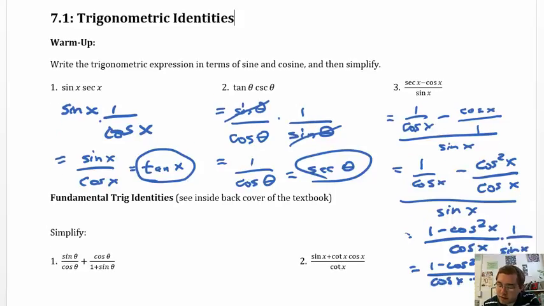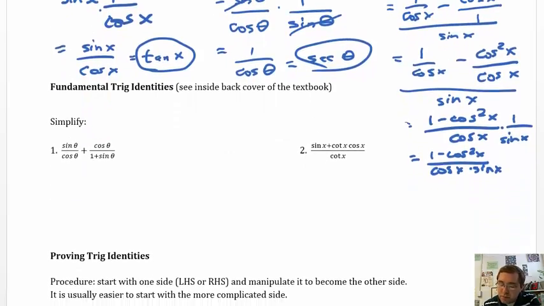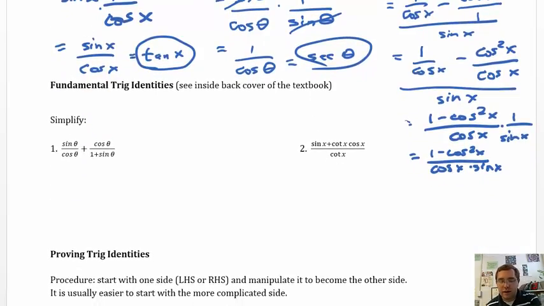Let me move down the page here. Clearly didn't give enough space on the page for this. That's all right. We'll just go down the margin here. Okay, 1 minus cosine squared is sine squared, because sine squared plus cosine squared equals 1.